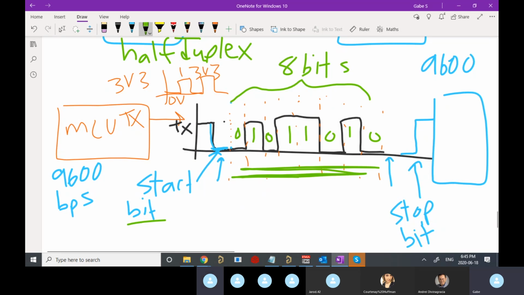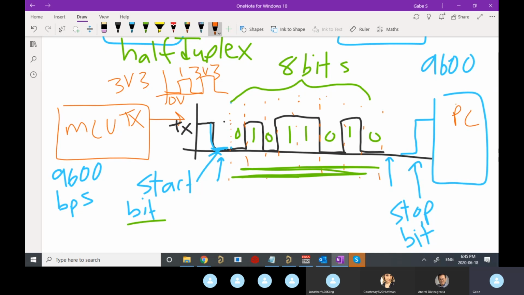Now, before we... Yeah, please, John. Why would you increase the start and stop bits? What's the point of that? Yeah, that's a good question. Sometimes it's to give some time for the ADC or DAC or whatever you're talking to, maybe the PC, to just have time to respond and to process the data.